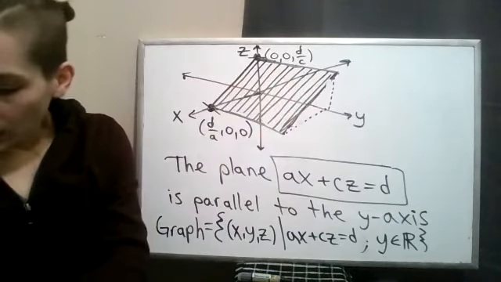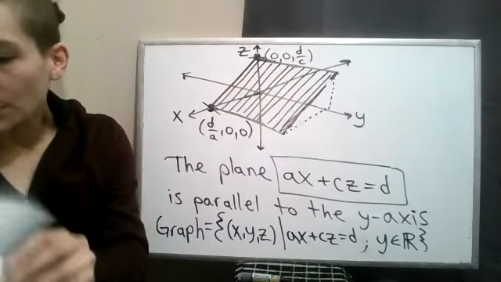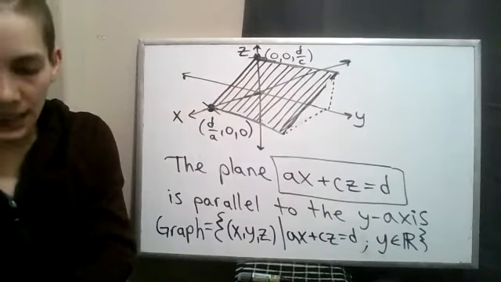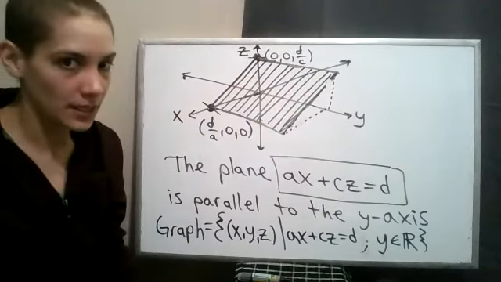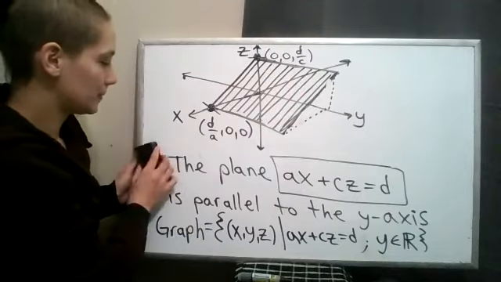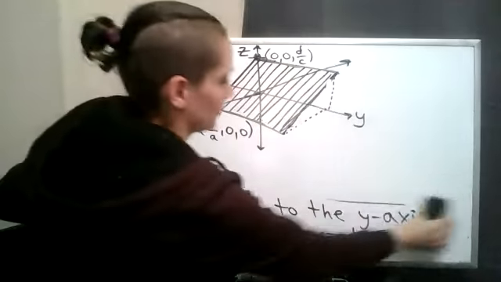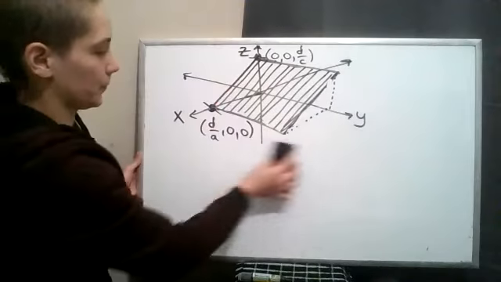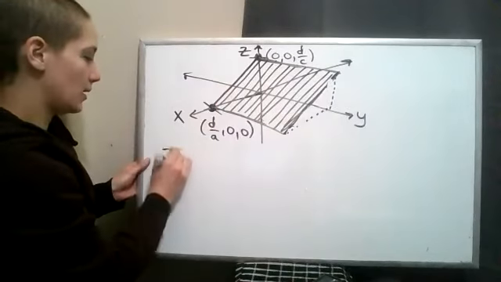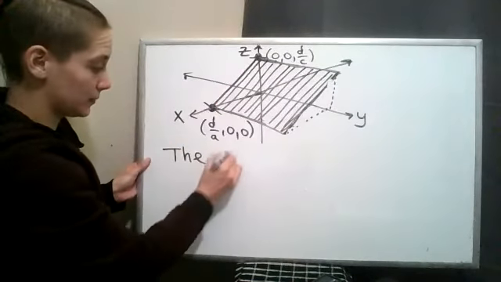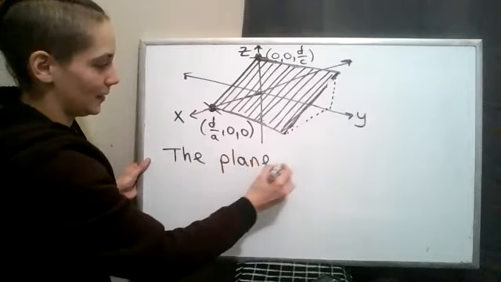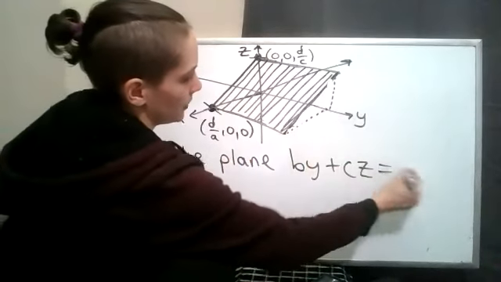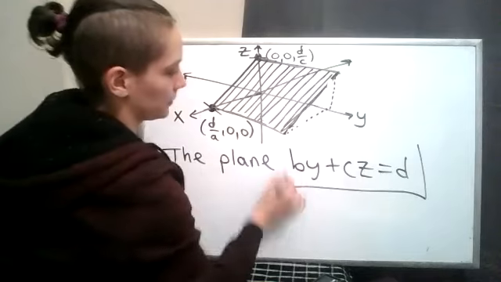And I think we're at the last one that has two intercepts. Yep. This plane is by + cz = d.